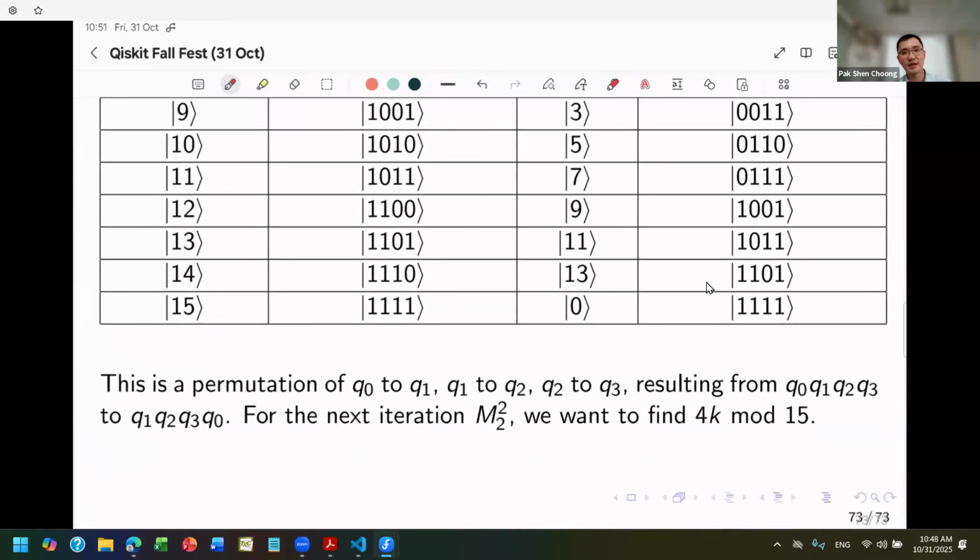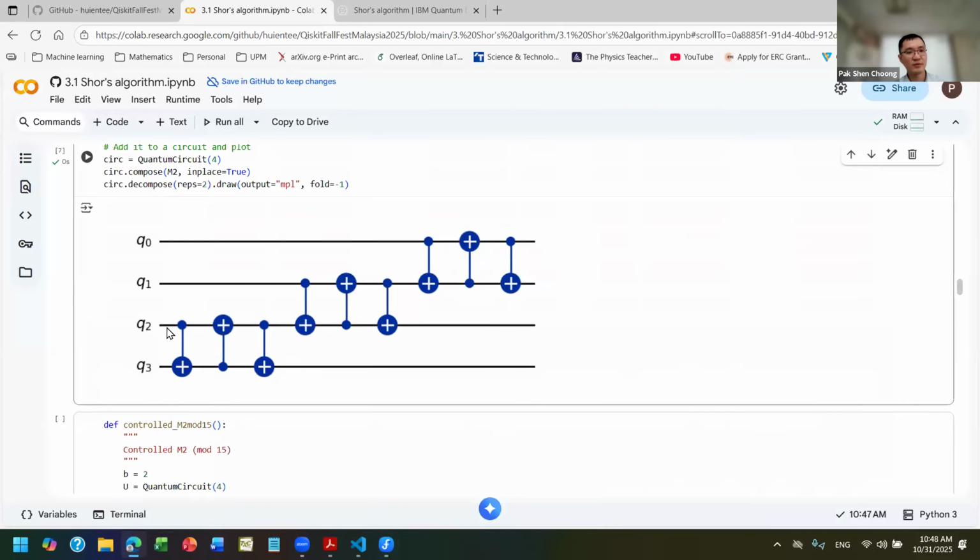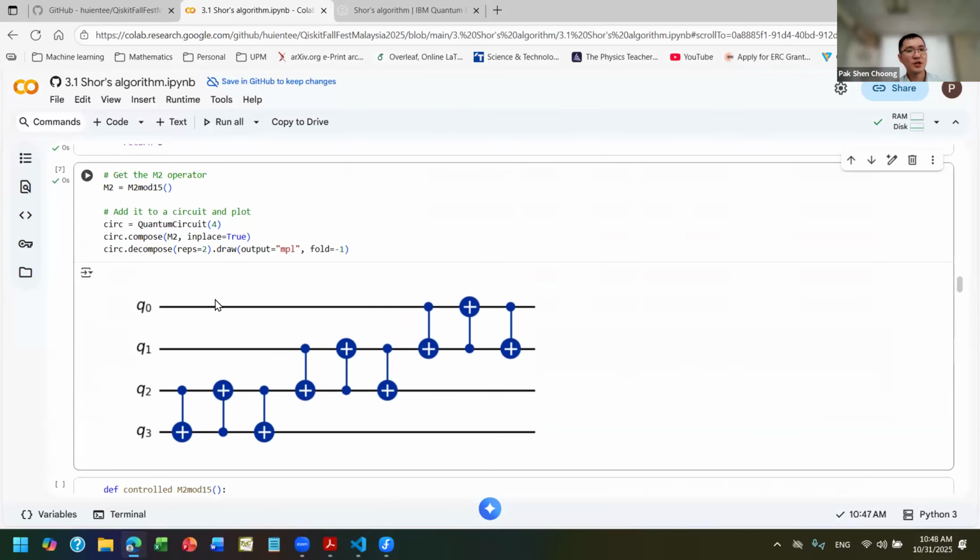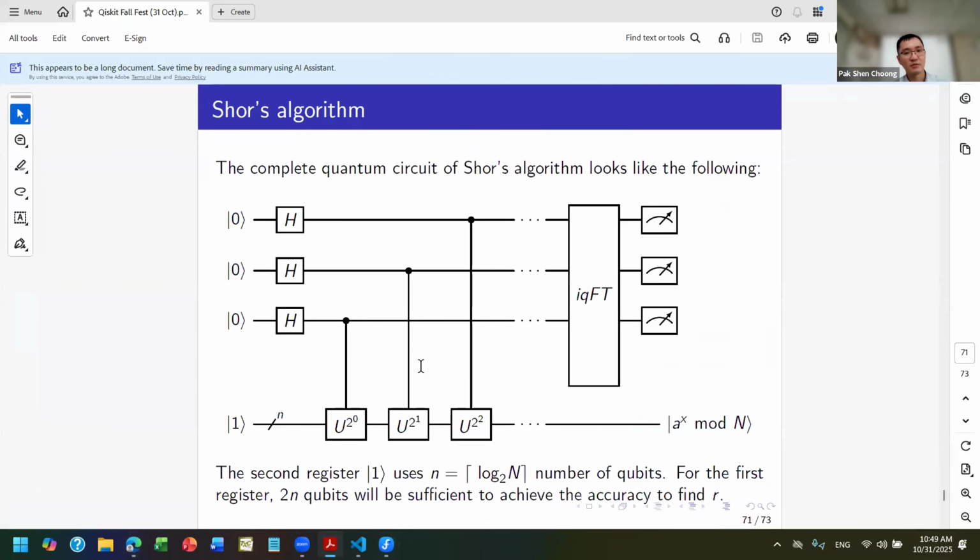If you perform the calculation according to this table, the permutation is from Q0 to Q1, Q1 to Q2, Q2 to Q3. But if you look at the order from Qiskit, it's from Q2 to Q3, Q1 to Q2, and then Q0 to Q1. That's the only reason why they operate in the opposite way. But the idea is the same. You perform a series of permutations. So this will be your U2 naught.